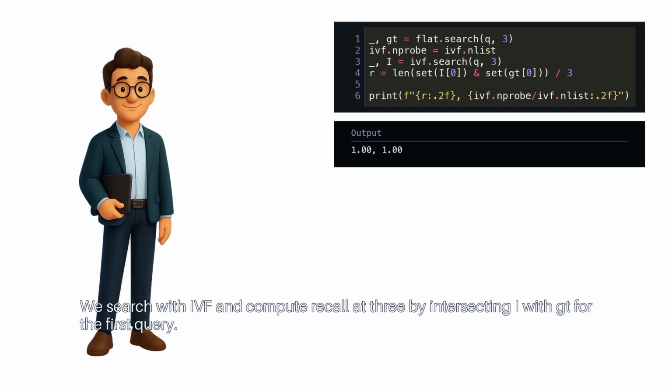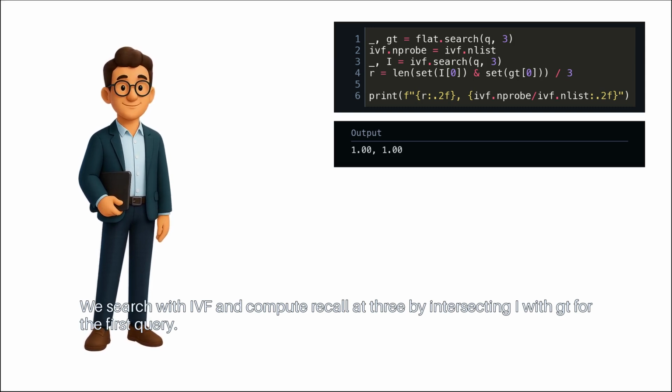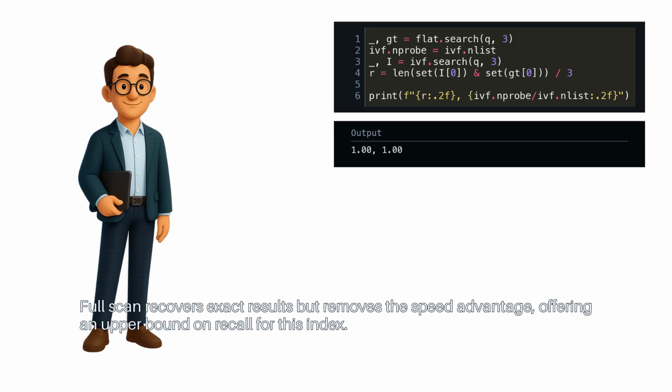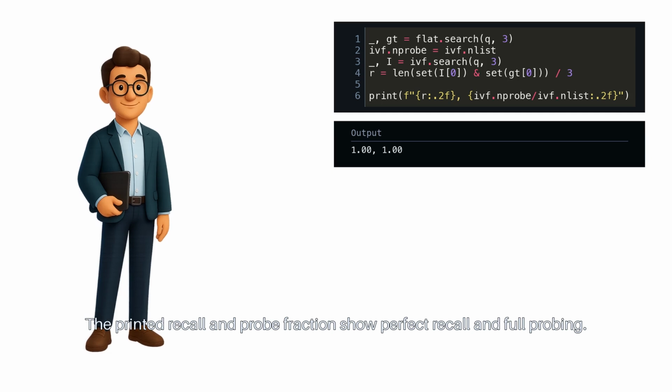We search with IVF and compute recall at 3 by intersecting I with GT for the first query. Full scan recovers exact results but removes the speed advantage, offering an upper bound on recall for this index. The printed recall and probe fraction show perfect recall and full probing.